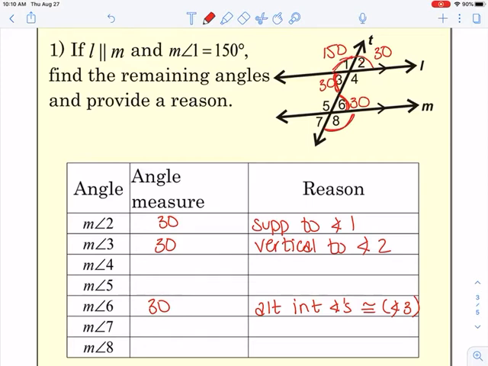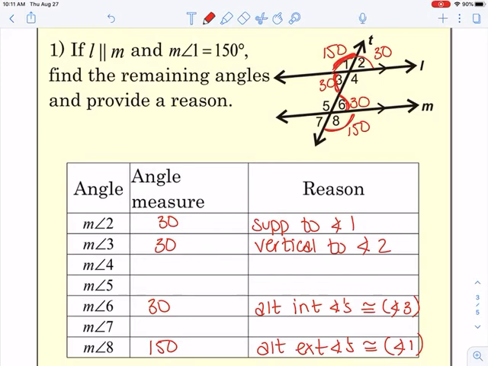So 8 and 1 are going to be alternate exterior angles. So if the measure of angle 1 is 150, that means that the measure of angle 8 is going to be 150. Okay, and that's because alternate exterior angles are congruent. And again, I used angle 1 just so you know which angle I did that with.